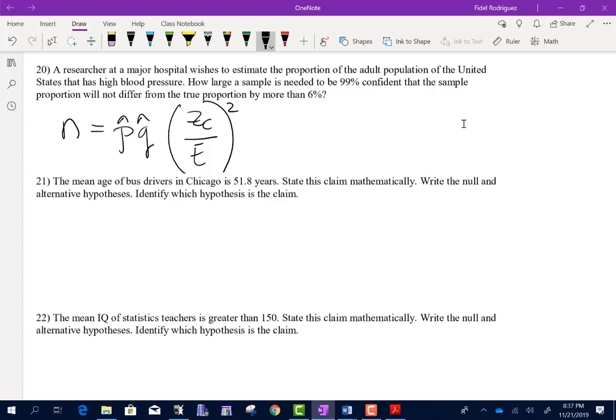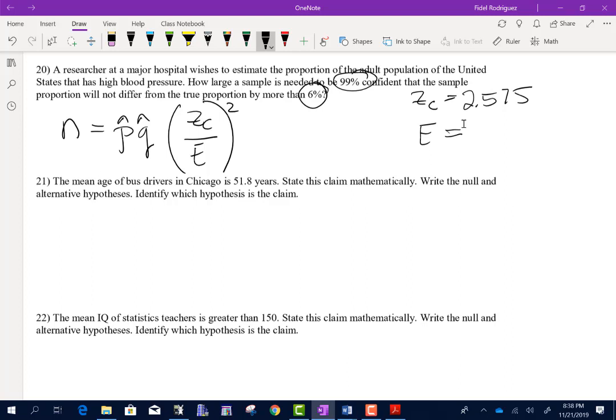Do you think we can find the Zc for being 99% confident by that little table on the first page of our formula sheet? What's our Zc? It's 2.575. The error is telling me that it's not going to be more than 6%.